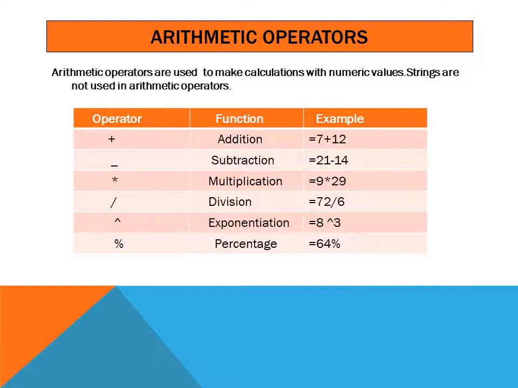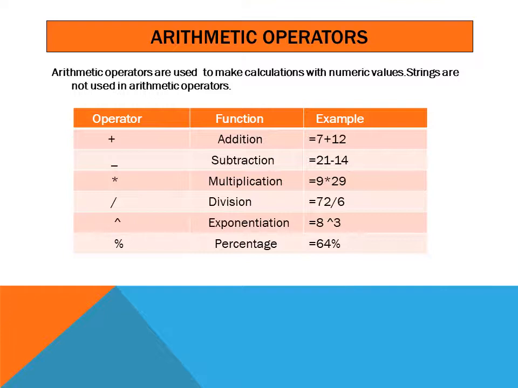So here this symbol is a symbol for the power. Then we have the percentage. Percentage also you are already aware, we have 64%. While removing this percentage sign, you know that 64% is equal to 64 by 100. So these are the 6 arithmetic operators that we are using in MS Excel.